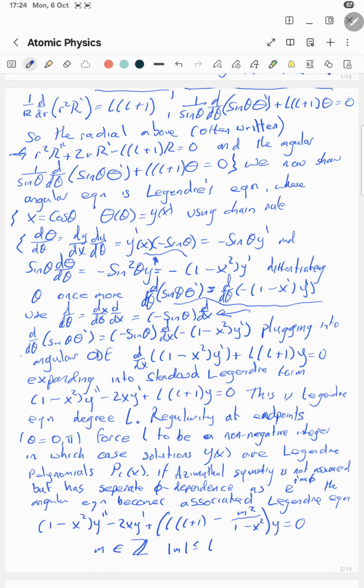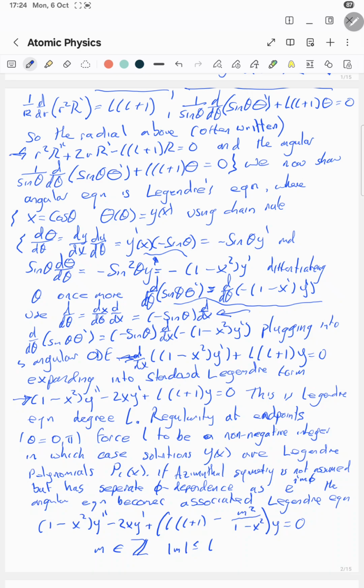Plugging into the angular ODE, we obtain d by dx of (1 minus x squared) y prime plus L(L+1) y equals 0. Expanding it into a standard Legendre form, we get this here, which should become a little more familiar. And this is Legendre's equation of degree L.